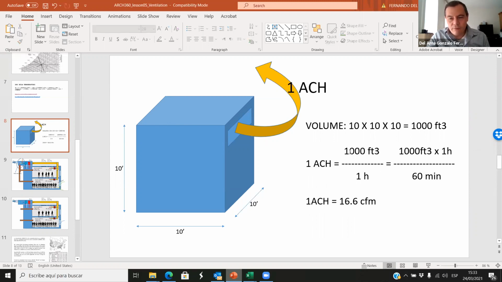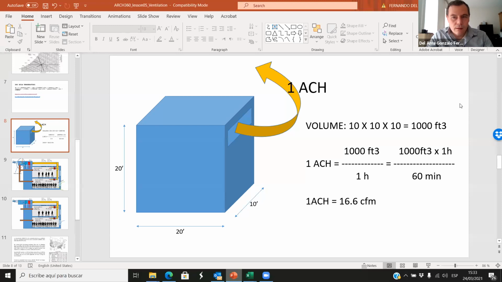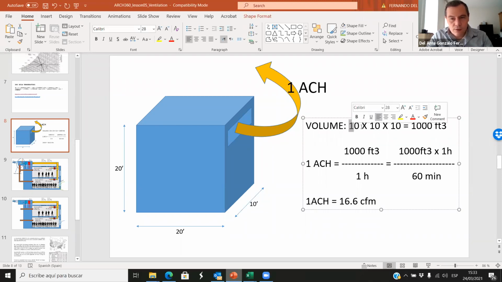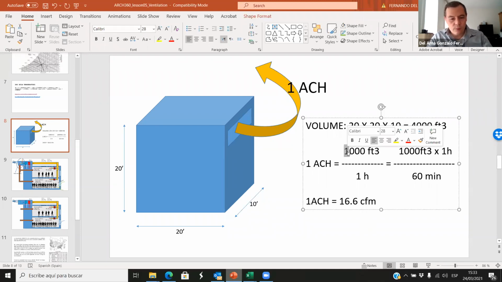That's it. If the volume of my room is not that, let's say that this is 20 by 20 by 10. What is the volume? 20 by 20 by 10 is 4,000. Okay, so that would be 4,000.